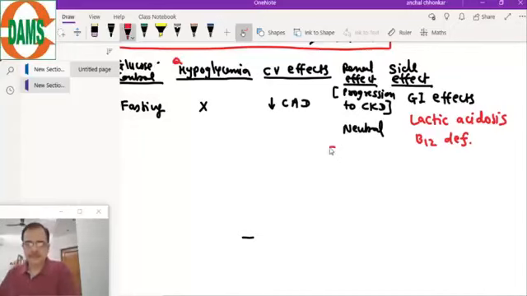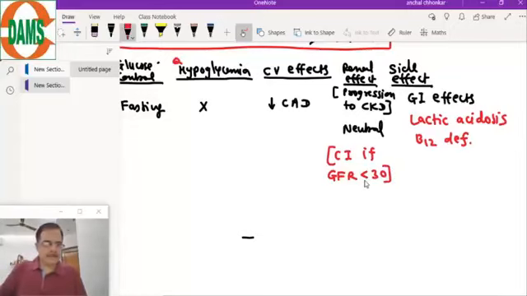Contraindicated if GFR less than 30. So this is one of the drugs which should not be given if there is already a renal failure. Otherwise the chances of lactic acidosis will increase, which is a life-threatening condition.